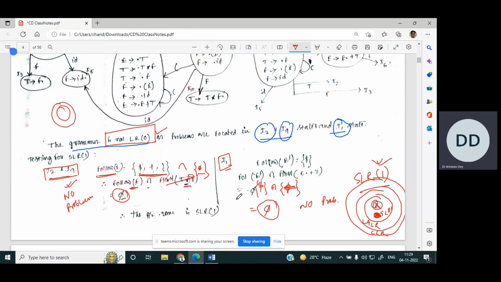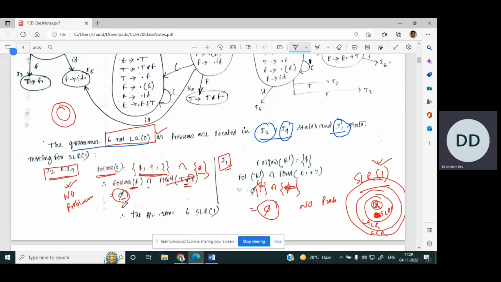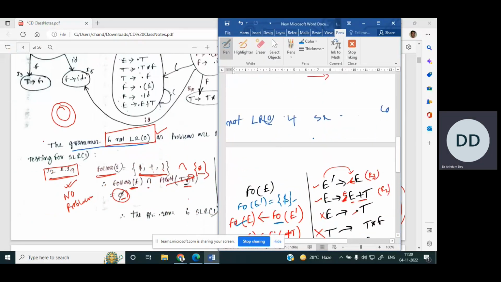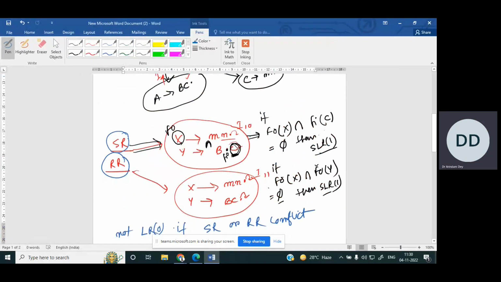Right. So what we have seen, the same thing we have to do: draw the state transition diagram and check the conflicts. If conflicts are there, it is not LR0. For conflicts, we need to check whether the intersection is phi or not. If we find that there is a shift-reduce case, then we have to find the follow and first. Follow means what is being reduced. Here this X is reduced, so for that we have to find the follow.